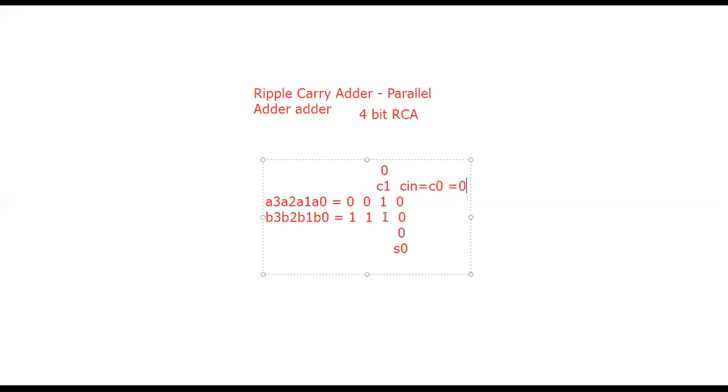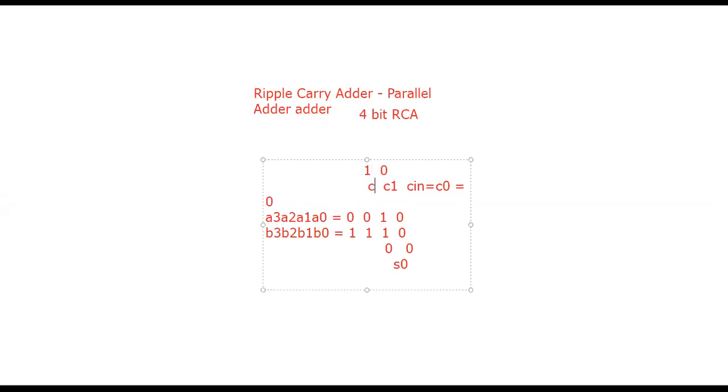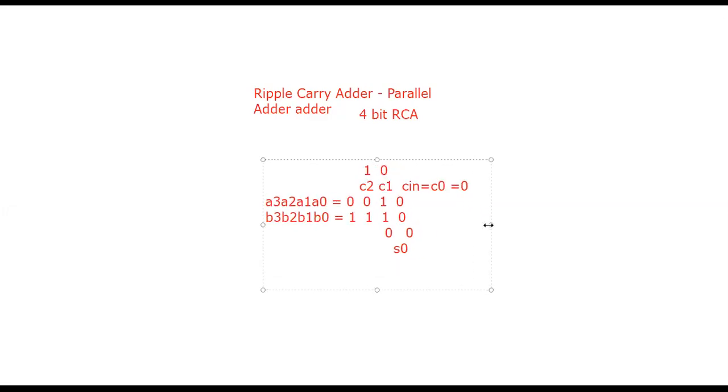So 1 plus 1 will be 0 with the previous carry 0. So the value will be 0, and a carry will be generated. The new carry 1 is generated. Let me take this as C2. C2 is generated from the previous addition.